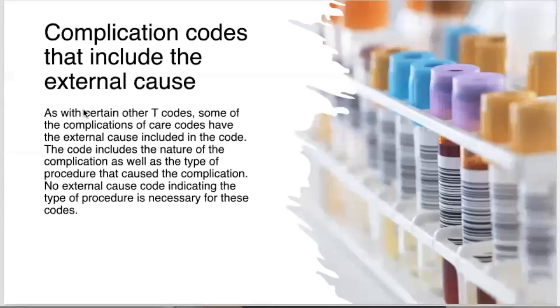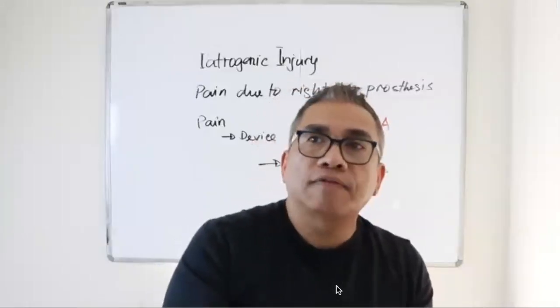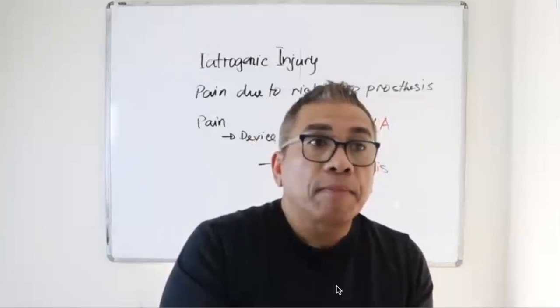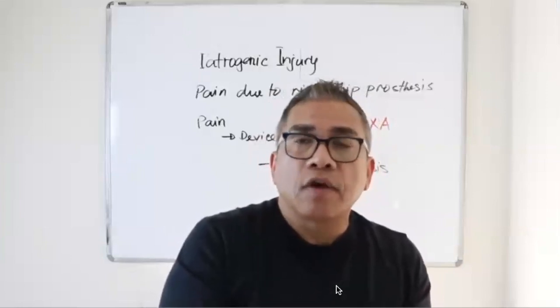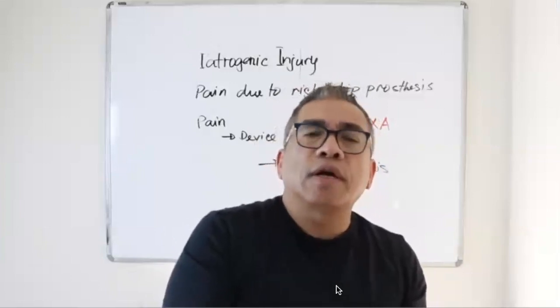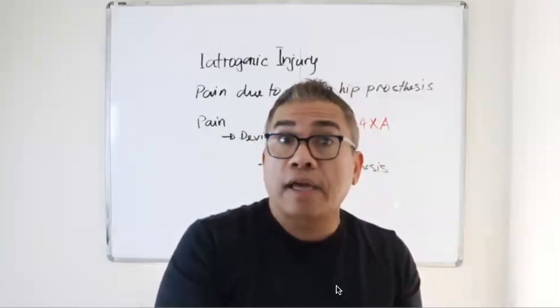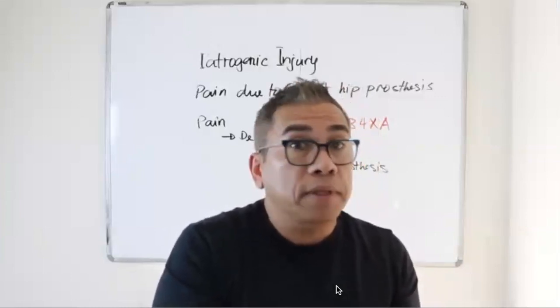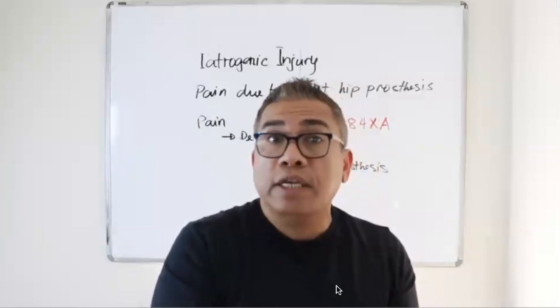From last week's discussion, guys, we covered complications of drug and chemical related injuries, right? Complications. When you're assigning a code for poisoning or for adverse effect, it is considered an iatrogenic type of complication. And if you notice, guys, the code starts with letter T, right?